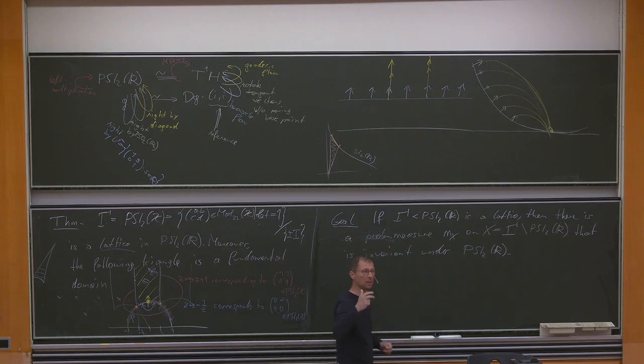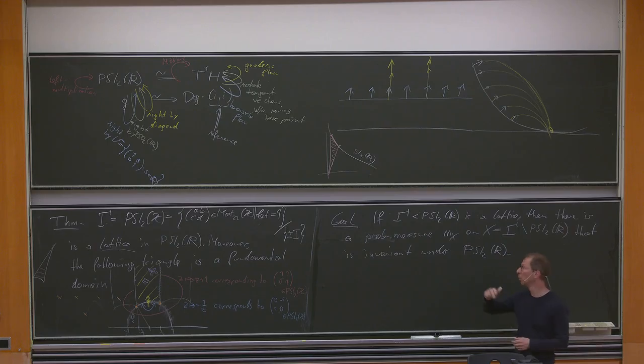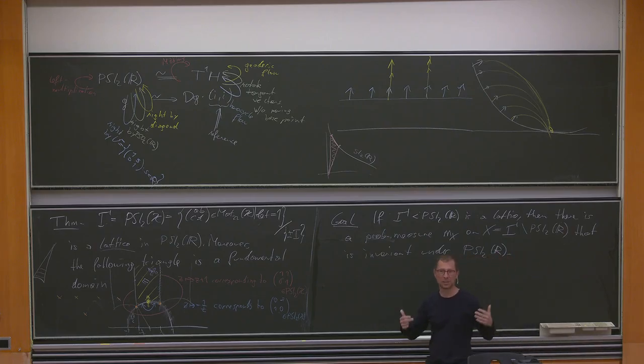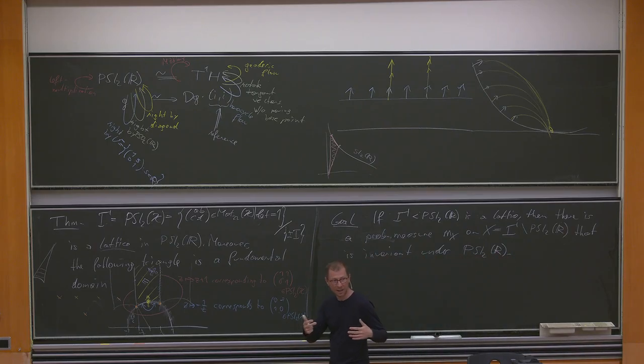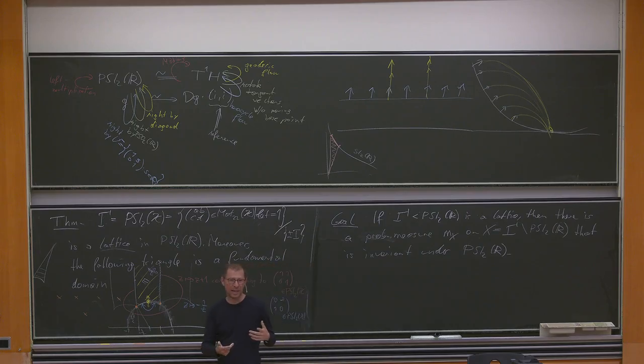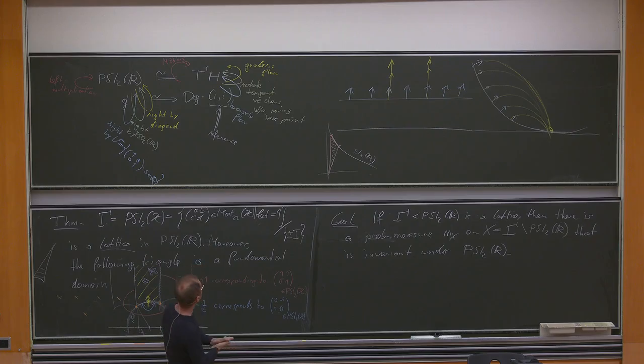Is it mixing under the geodesic flow or the horizontal flow or PSL2R? Yes, it is. Can we say even more? Depends. For the geodesic flow, you can say more, namely that the dynamics of the geodesic flow is very complicated. There are periodic orbits around.